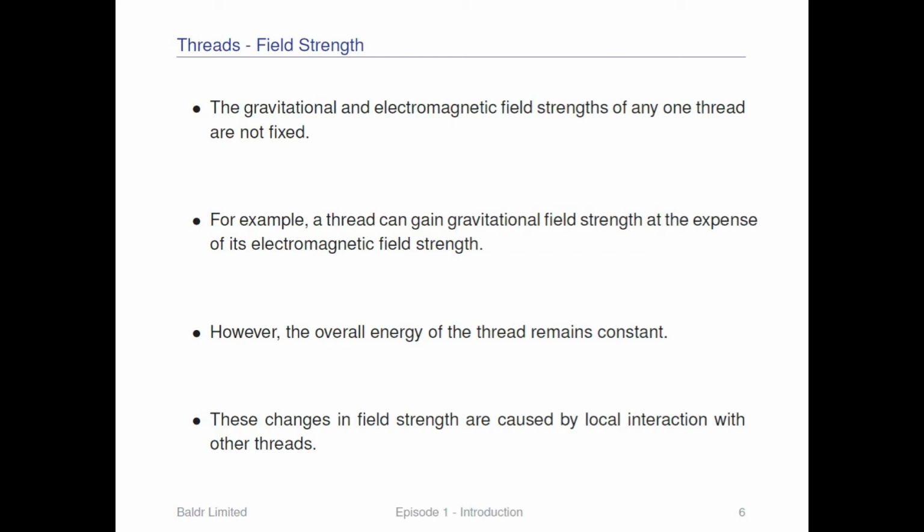These changes in the field strengths are caused by the local interaction of this thread with other threads around it. But the important point to note is that the overall energy of the thread remains constant, so no energy is gained or lost in this conversion one way or the other. Moreover, it is this conversion from one to the other that links the gravitational and electromagnetic forces.